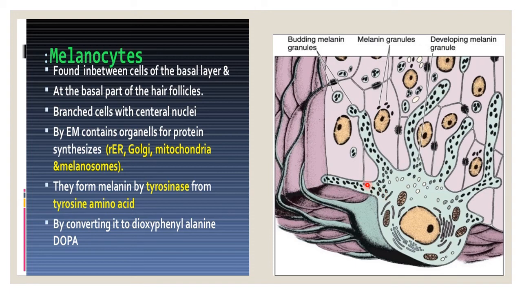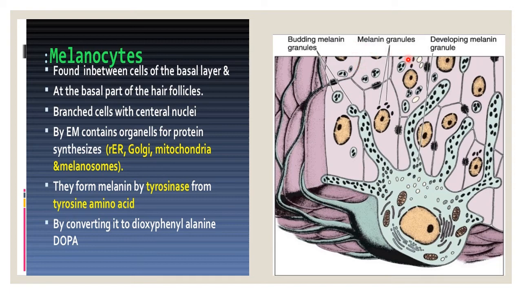This melanin pigment, the brown or black pigment, is called eumelanin, and these pigments are produced by these cells and then carried by these processes to the upper layers of the epidermis. Now you can see here these melanin pigments go to the ends of these processes, and buds from these processes show budding, and these granules are then carried to the keratinocytes, which acquire this melanin and carry it to the upper layers.